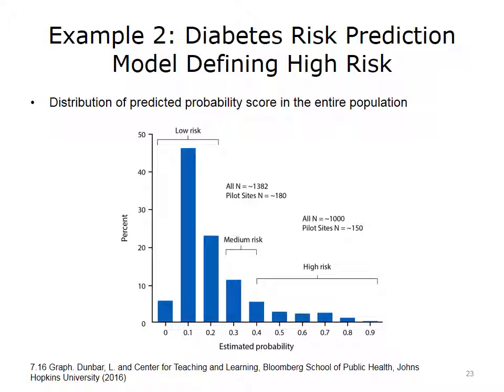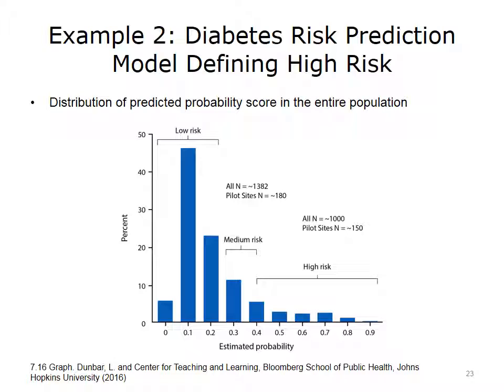And they found that they had a distribution that was skewed to the right. Most of their scores for most of their patients fell in the 0, 0.1, and 0.2 range. You can interpret those scores as a 10% or 20% chance or probability of admission or hospitalization in the future year.